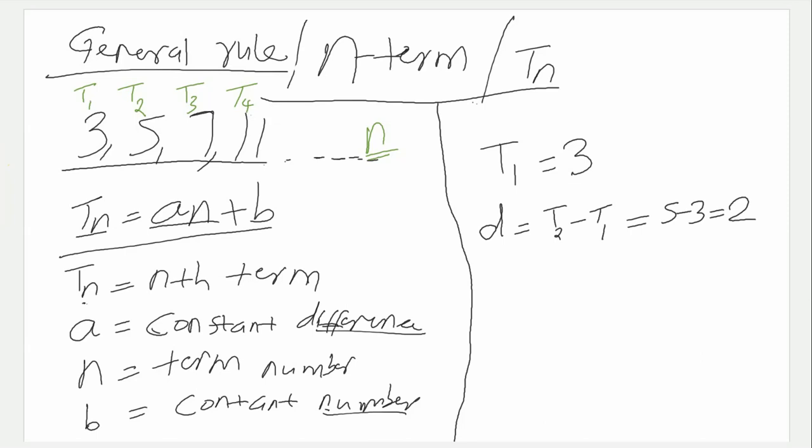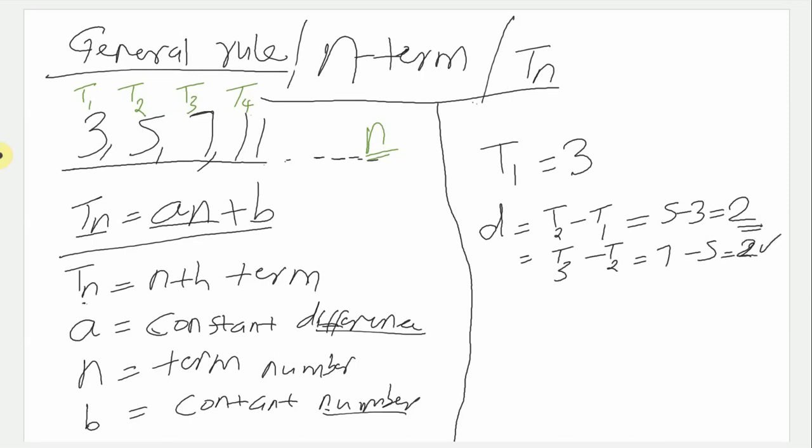We did it on the previous example, but just to repeat: to calculate the constant difference, you have to do that twice so that you are sure that you're getting the same value. So I'm going to do the same thing for T3 minus T2, which is 7 minus 5, and then it's 2.